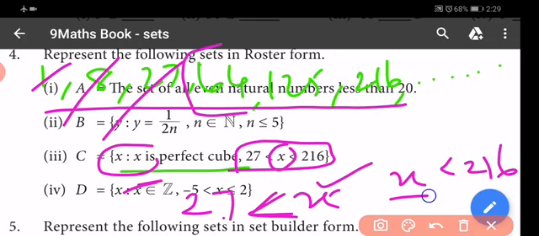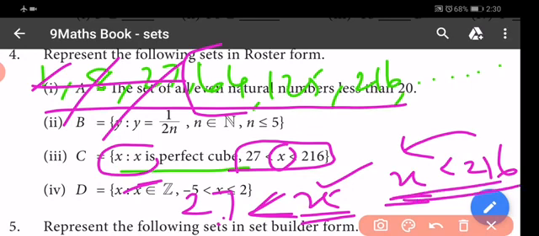That means x must be less than 216. 27 less than x means x must be greater than 27. So we avoid all the numbers up to 27, and x is less than 216 means we avoid 216.